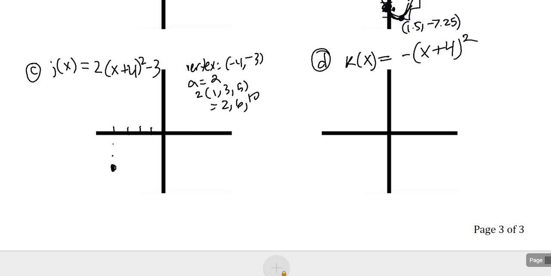There's my vertex. -4, -3. Okay, now I'm going to do my step pattern. I go over 1, up 2. I go over another one, up 6. And then I mirror that. And I connect with a smooth curve.